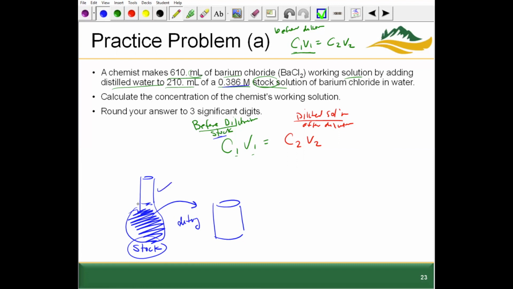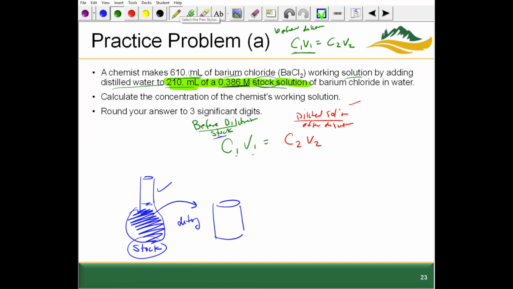Here's our stock solution before dilution, and here's our diluted solution after dilution. Okay, let's start figuring out what these different variables are and what we have in the given problem. Let's start here. So this is saying by adding distilled water to 210 milliliters of a 0.386 molar stock solution.